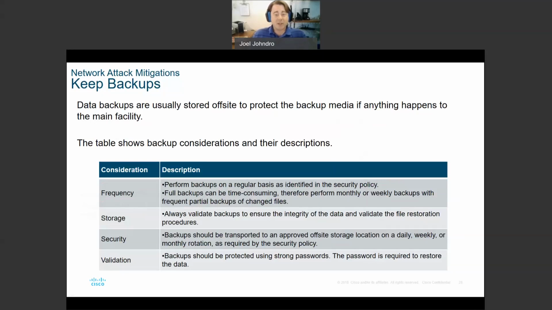So backup systems are an important strategic part of mitigation strategy. Backup systems must be protected in the same way, and they should be stored in a separate offsite location just to protect against physical risks. For instance, if the building burns down, obviously your network's going to be down if your building goes up in flames. But if you have a good backup, you'll at least be able to rebuild from that.